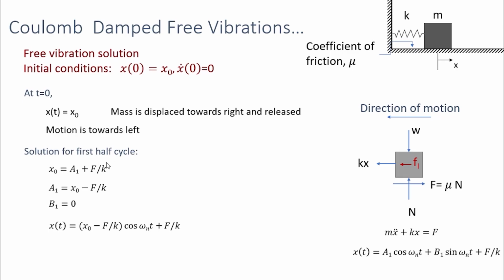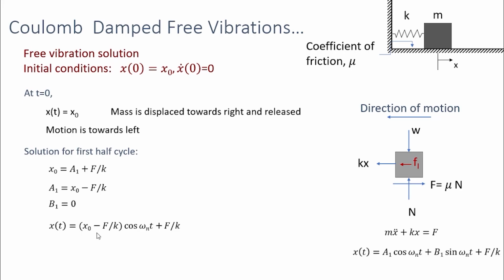So from this we can write A1 is equal to x naught minus F by k. Similarly, we can differentiate this and substitute the value of initial velocity, which is equal to 0. If you do that, we would get B1 is equal to 0. So we have got both the constants A1 and B1.